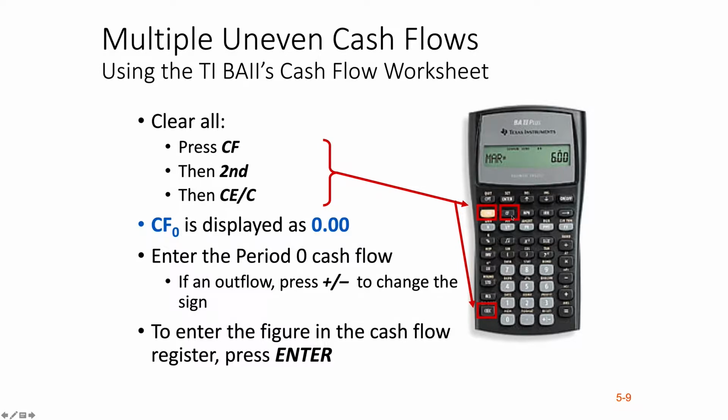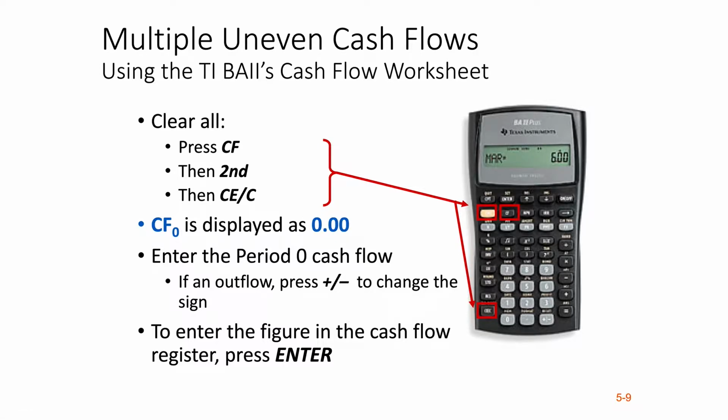So you punch the CF key, it gives you the number, which should be 0. Okay. Now you key something in for time 0. Now it can be 0, it can be a negative number.